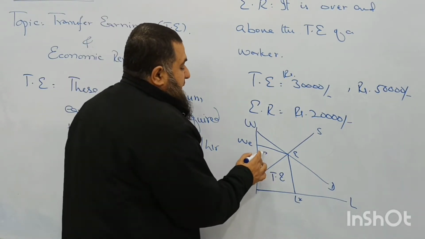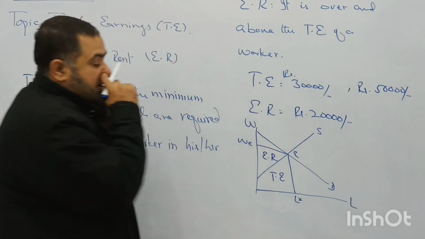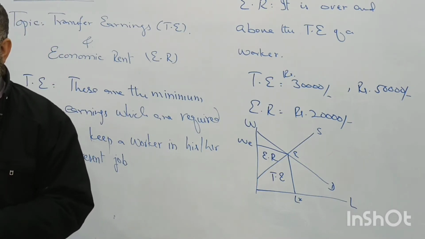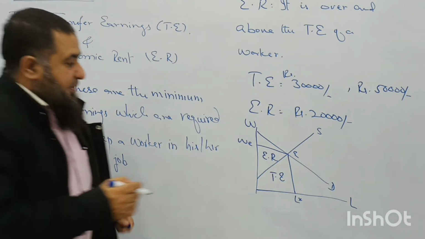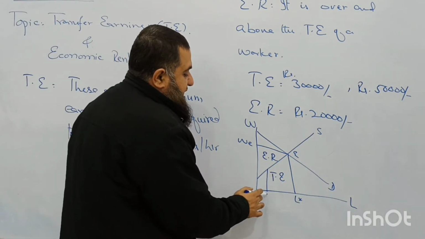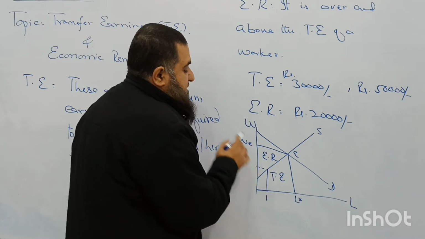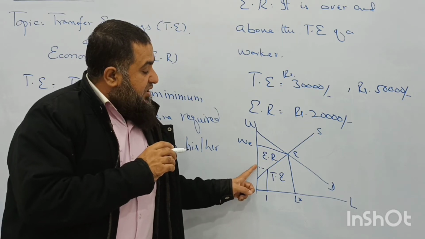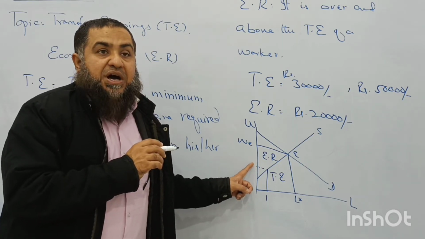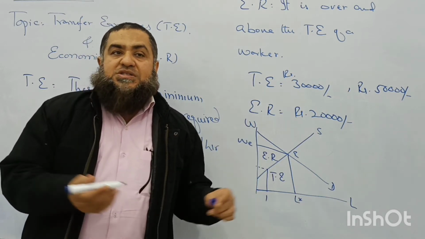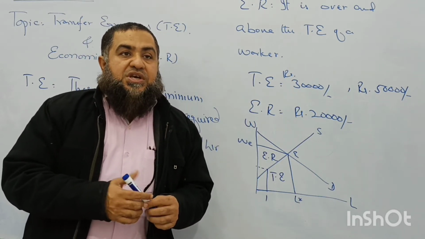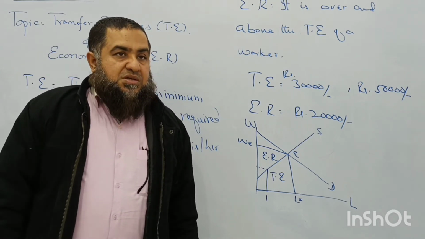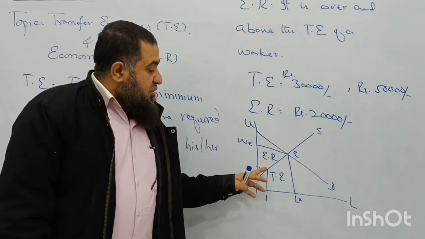So over and above the transfer earning, the area between the market wages and the labor supply curve is called economic rent. For example, if one worker is ready to accept work at this wage rate, but the market is paying more than that. For example, one teacher is coming to our school, and she thinks that if she is paid 30,000 rupees per month to do a teaching job, she will agree.